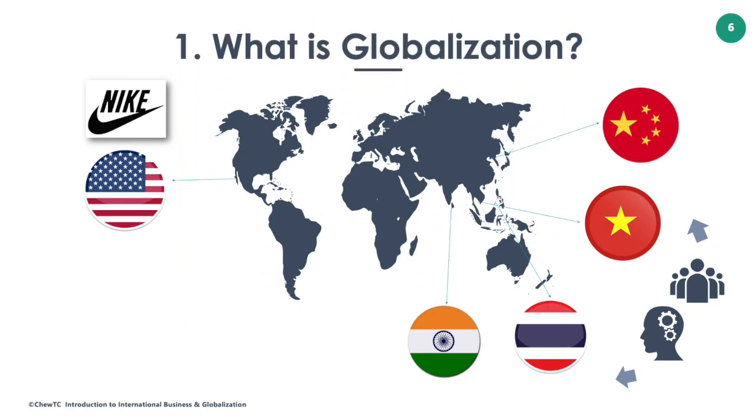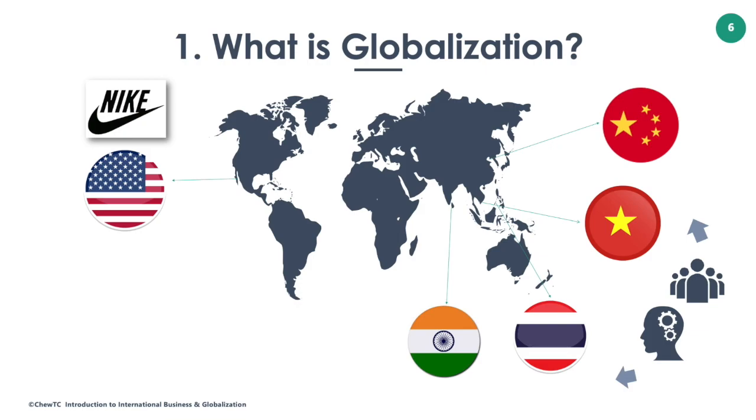Again, we have Nike as the classic example of globalization of production, where the company and brand are from the US, but the production has been moved to other countries such as China, Vietnam, Thailand, and India.